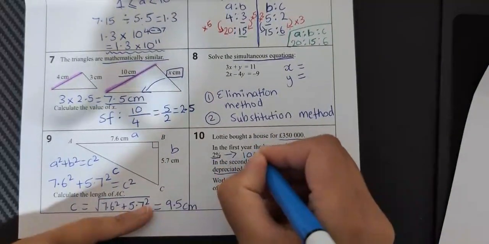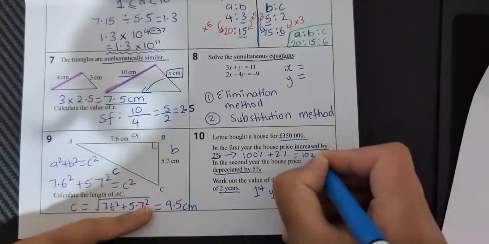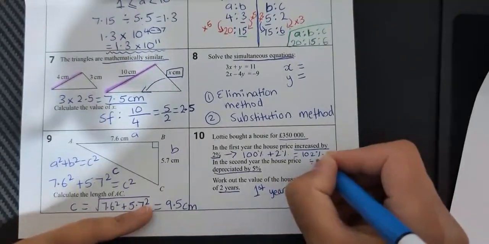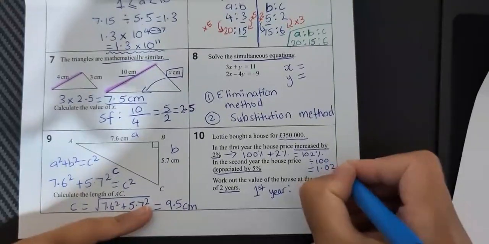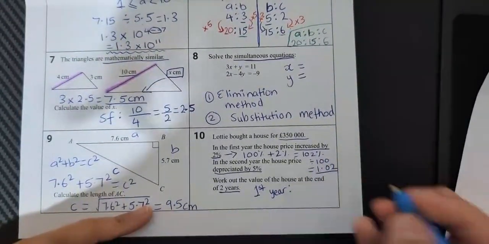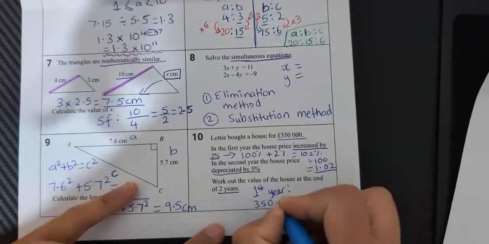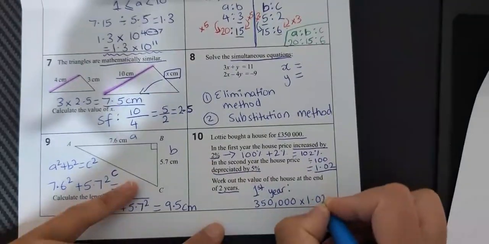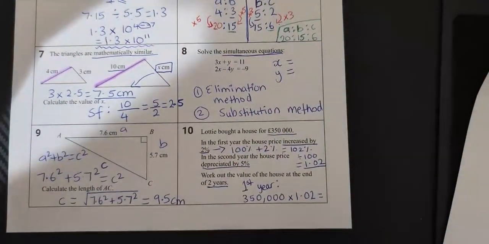So my multiplier would look like this: 100% plus 2%, which equals 102%. If I divide this by 100, I get 1.02, which is my multiplier. So for the end of the first year, it would be 350,000 times 1.02 in my calculator.